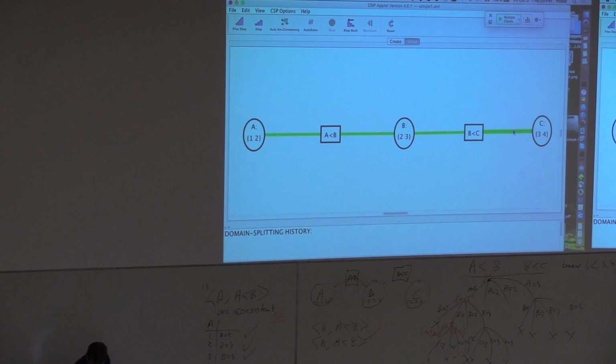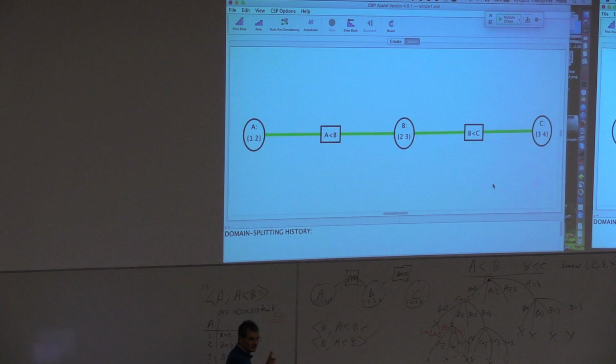Okay. Why is that not a solution? What's the solution you're thinking it is? A solution is an assignment of a value for A, B, and C. Oh. Okay.